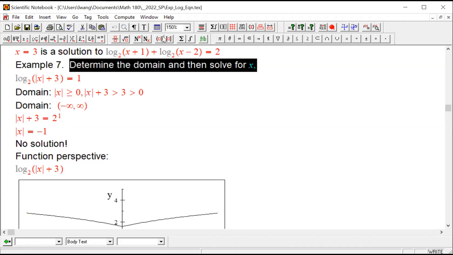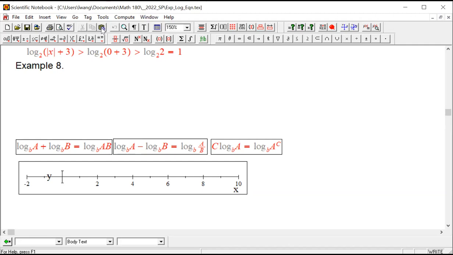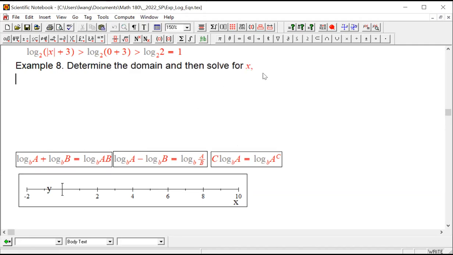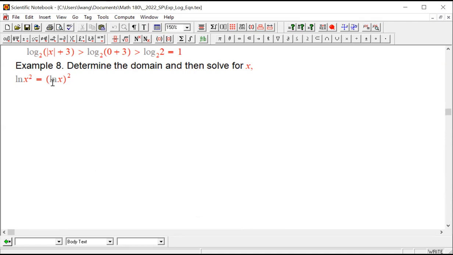And we're still trying to determine the domain. The equation we're solving is as follows: ln x squared equals (ln x) squared. Notation-wise and order-of-operation-wise, because we're going to determine the domain, first let's talk about the notation.